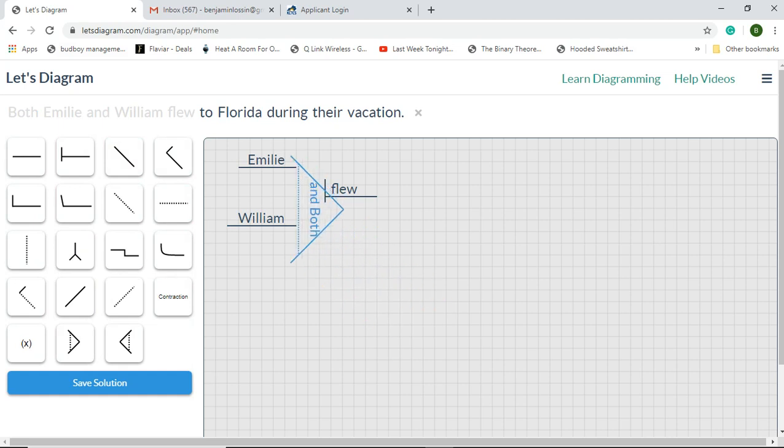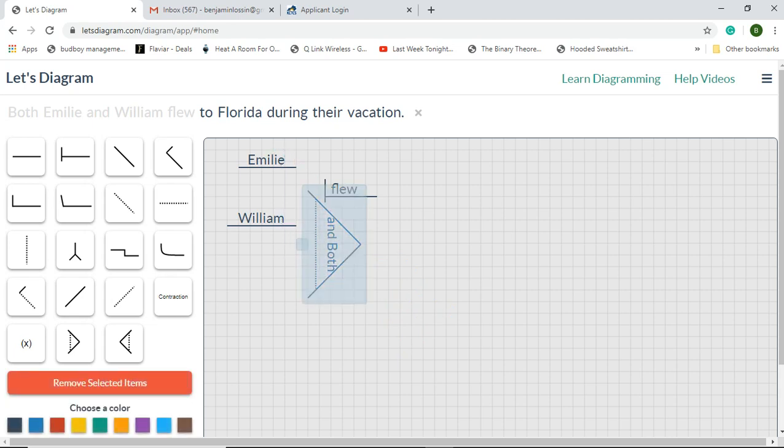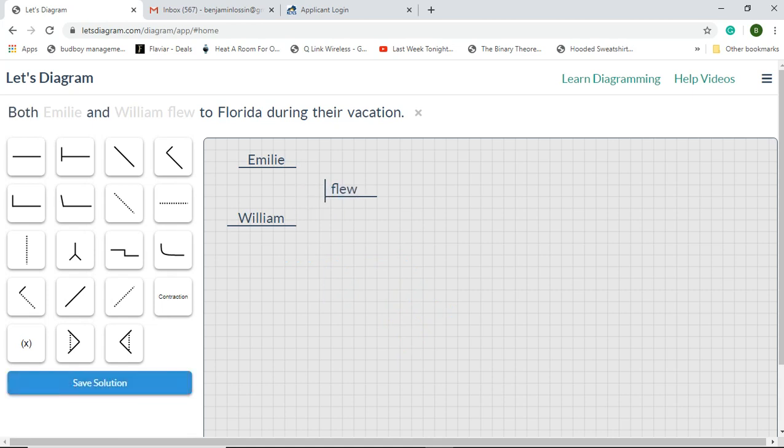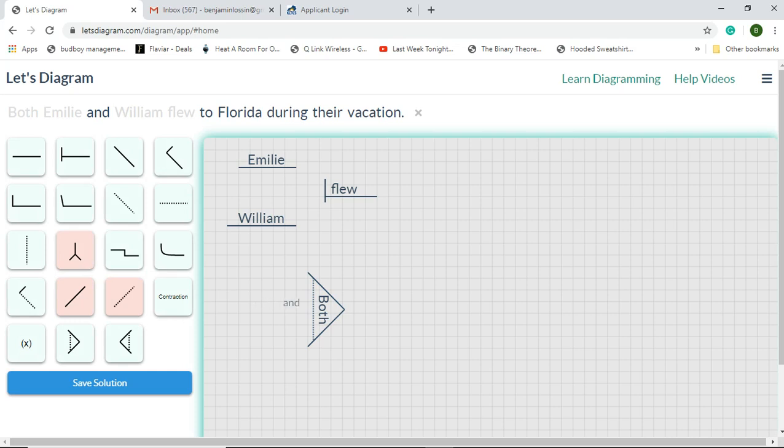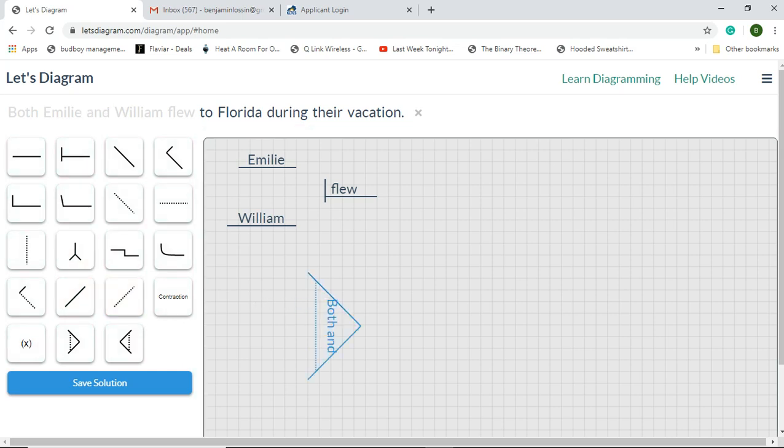Both should be going on this left side, and and should be going on the right side. I don't know why it's doing that. I don't know how to fix it.